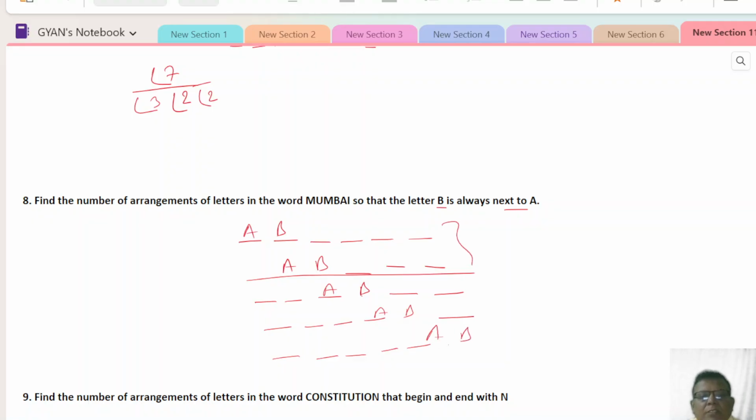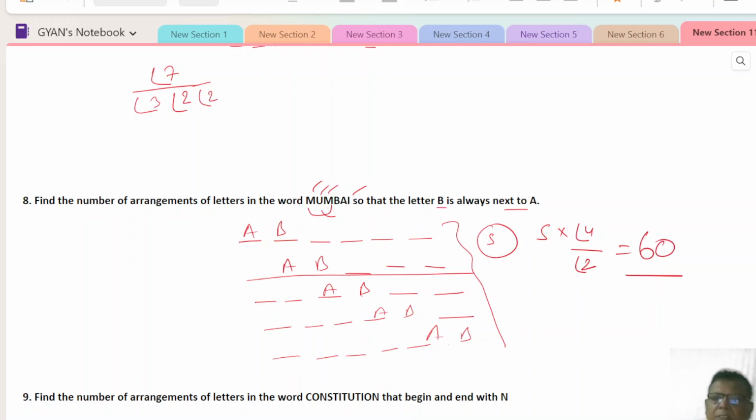This is the five ways AB can be arranged. And the remaining letters can be arranged. So the remaining is 1, 2, 3, and 4, and 2 is repeating. So 5 into 4 into 3 divided by 2. So that is equal to 60. So 60 is the answer.